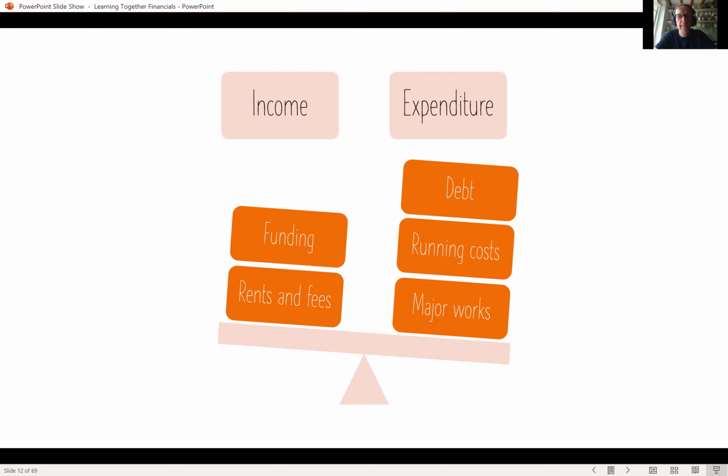So yeah, the basics around any spreadsheets, and anybody who's running a household budget will know this, it's all around income and expenditure. Obviously, it gets more complicated the more houses you're trying to occupy as a group.